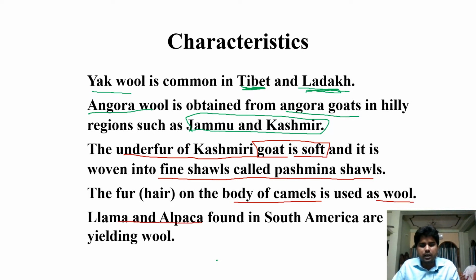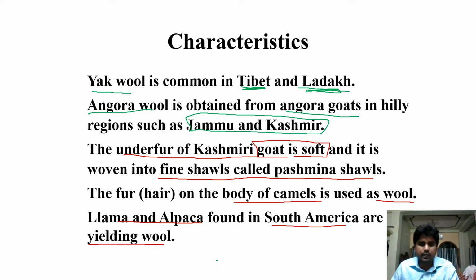Llama and alpaca found in South America yield wool. So these are different animals belonging to different parts of the world who give different types of wool, and their quality also differs very much. We have to remember each animal, their region and the type of wool they produce. Yak wool is common in Tibet and Ladakh, that is in India.